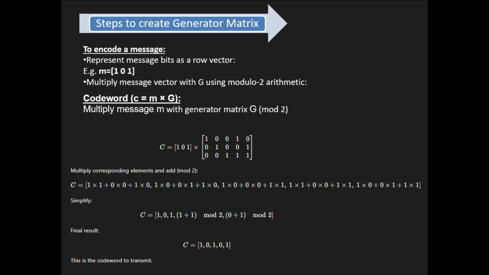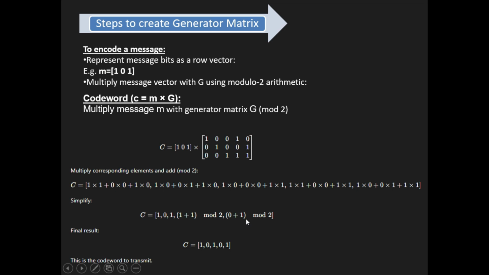So 2 modulo 2 is equal to 0, and the 0 will be there. At the last you can see 1 0 1, then 0. After that, 1 into 0 plus 0 into 1 plus 1 into 1: both are 0, so 0 plus 1 equals 1.